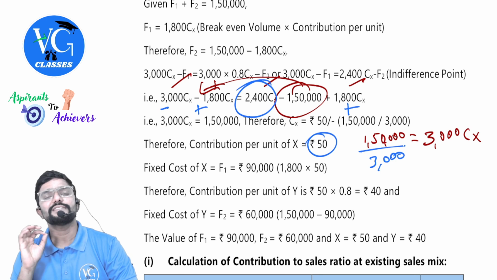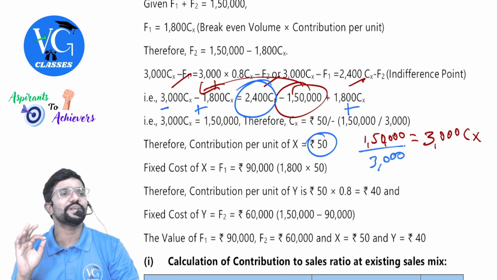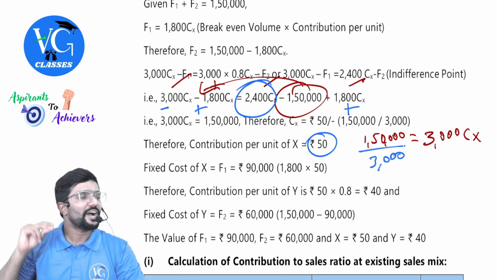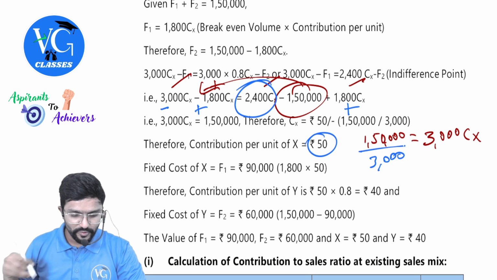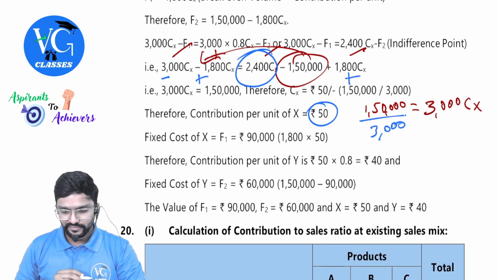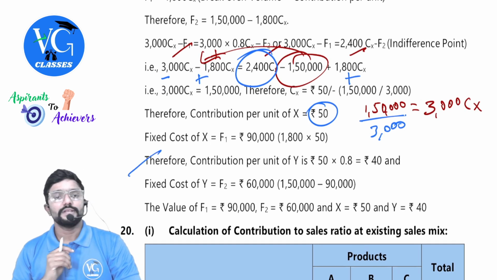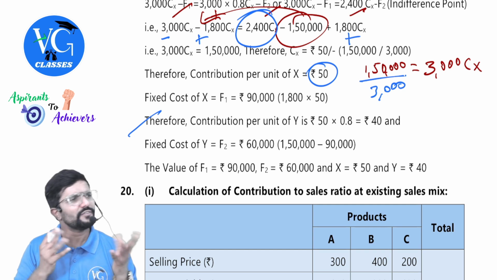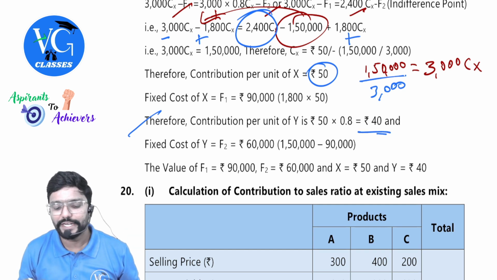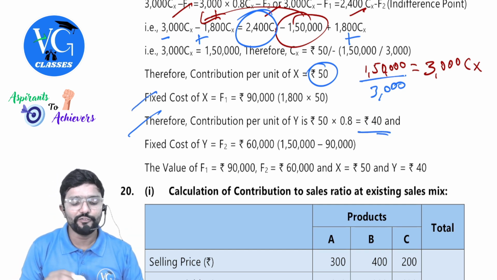50 rupees. What is CX? Contribution per unit of product X. How much is it for Y? 0.8 of this. So for product Y, the contribution per unit is 0.8 of this, or 4/5 of this, which comes to 40 rupees. Then coming to F1.